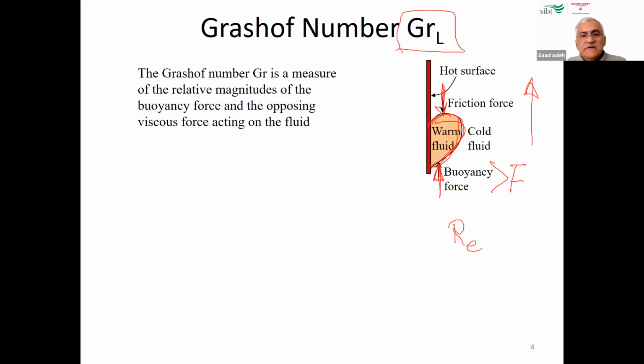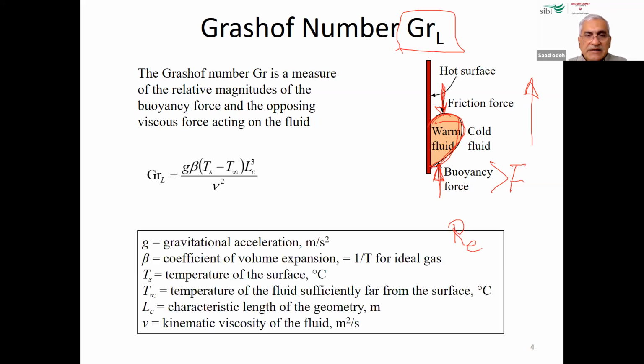We have movement of fluid to the upper part of the space. So this relates to the Grashof number. The Grashof number actually measures this magnitude of buoyancy force, and it is identified by this formula.